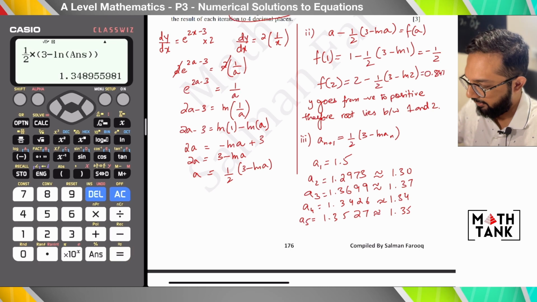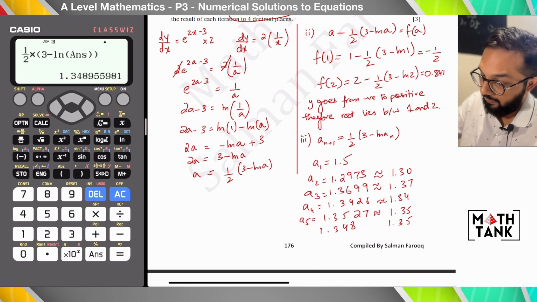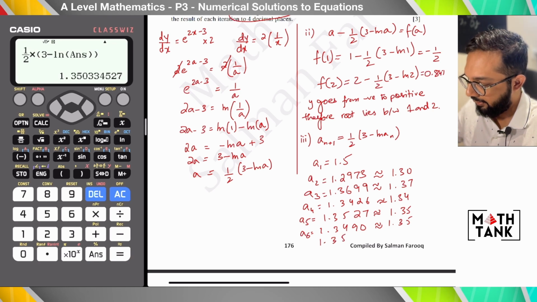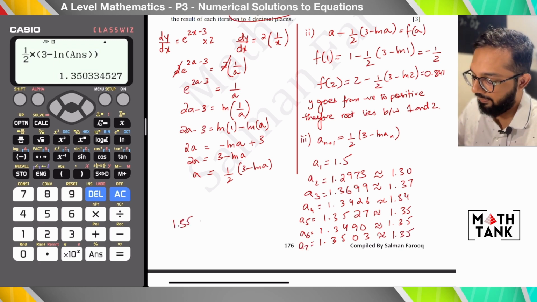Another equals gives me 1.35, 1.3490. Okay, that's a6. And I know it's going to repeat. I've run out of space here, but I just write that. So even with 2 repetitions, you can stop and say that that is the root. 1.35 is the root.